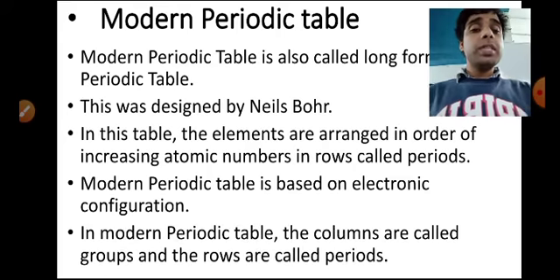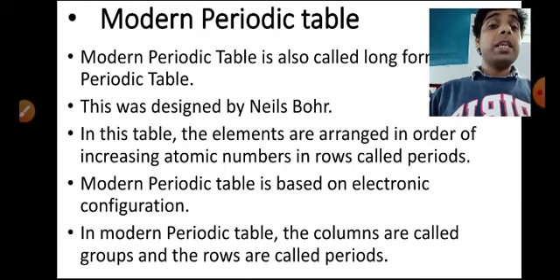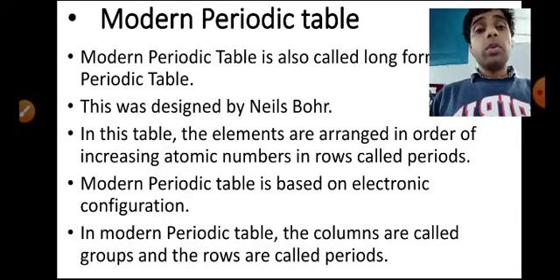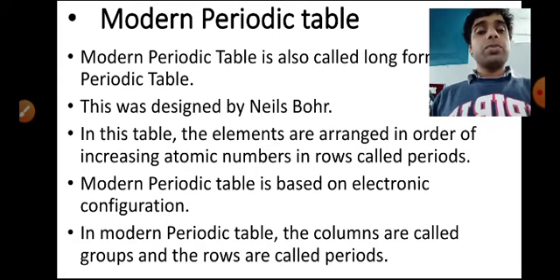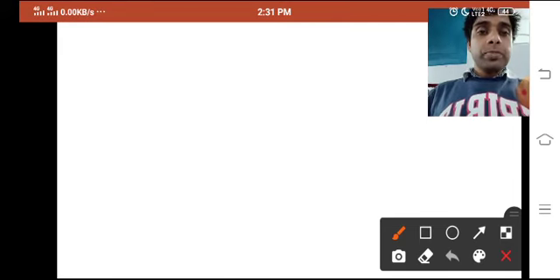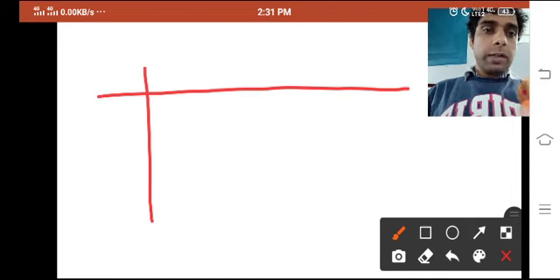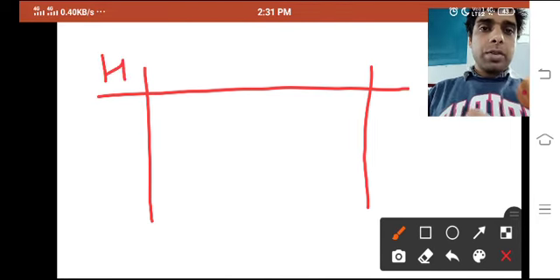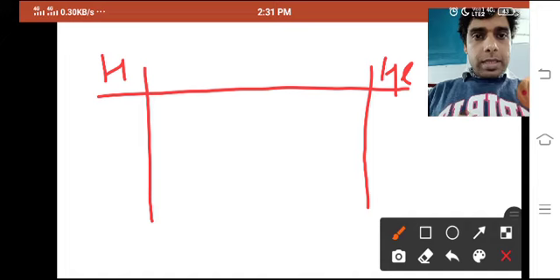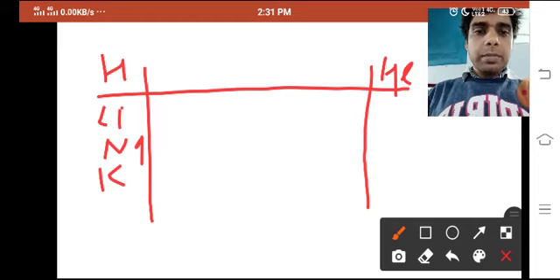Okay, we will see that later on. In the modern periodic table, the columns are called groups and the rows are called periods. We have discussed that, but here I want to give you some idea about it. Here you can see the arrangement and distribution of the periodic table. Here is hydrogen, and here helium. On this side: lithium, sodium, potassium, rubidium, cesium, francium.